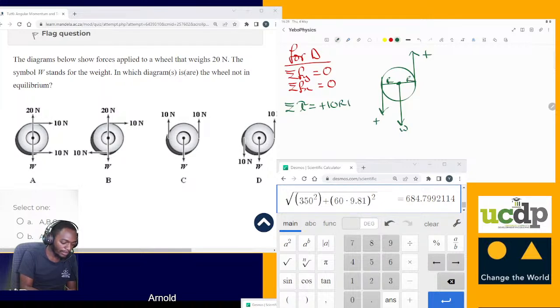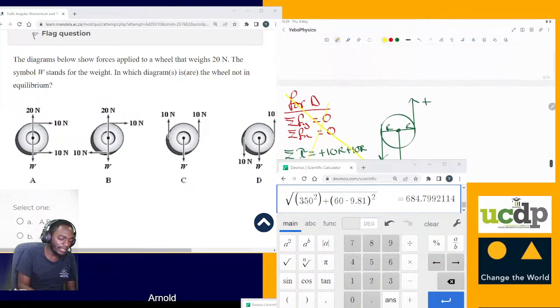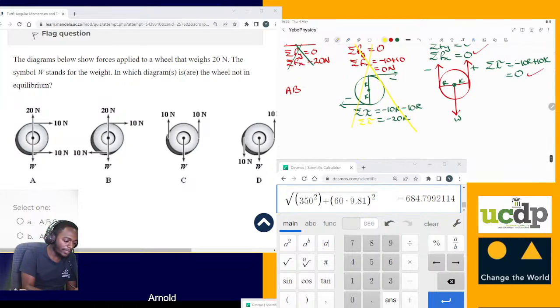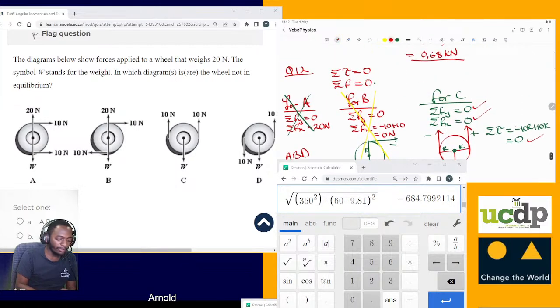So it'll be 10r plus 10r, so it's going to be 20r. So this condition is not satisfied, doesn't satisfy the conditions for the system to be in equilibrium, which means that only C is in equilibrium. So which means A, B, and D are not in equilibrium.